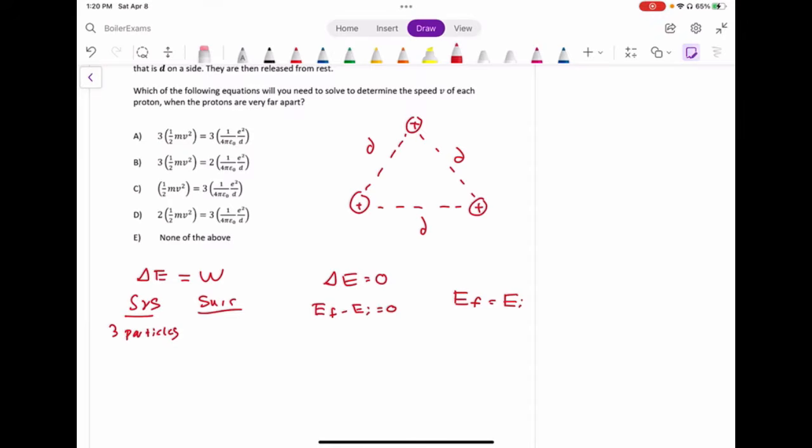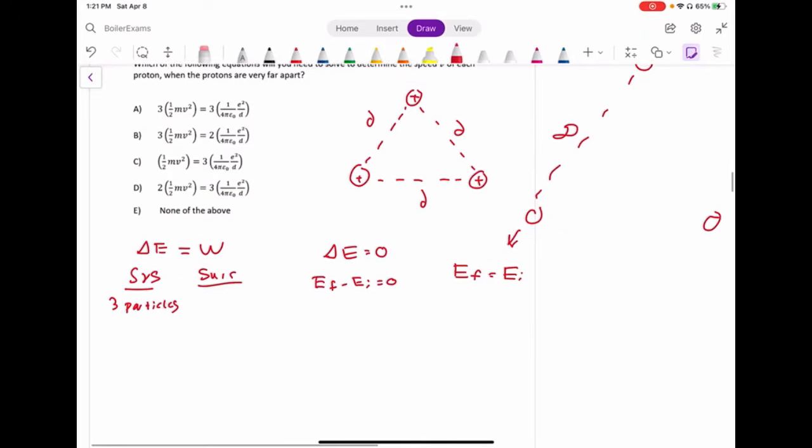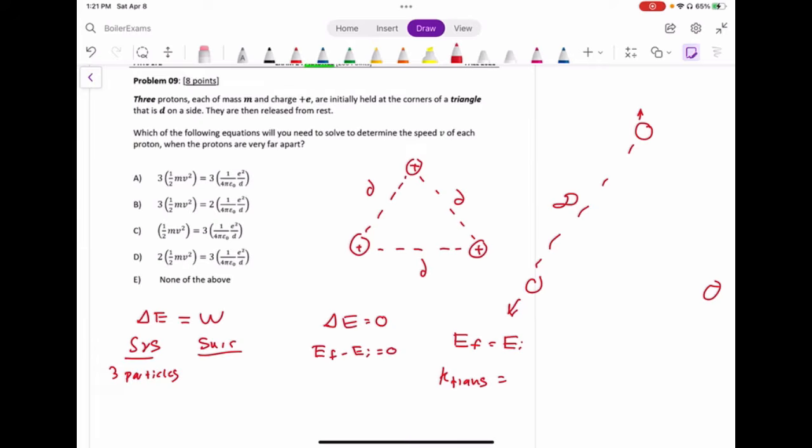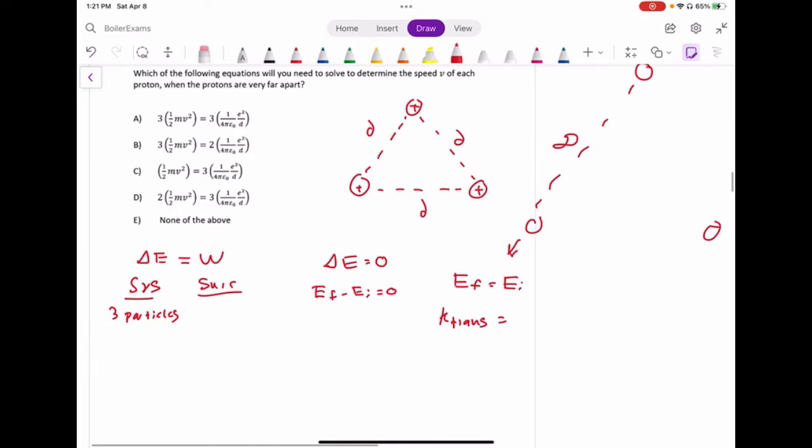When they move very far away, they're going with velocity. This distance is no longer d, it's infinity. So they're no longer interacting far away. Far away, the only contribution is going to be K trans. And initially, they're not moving at all, since they're released from rest. So initially, we only have U electric.